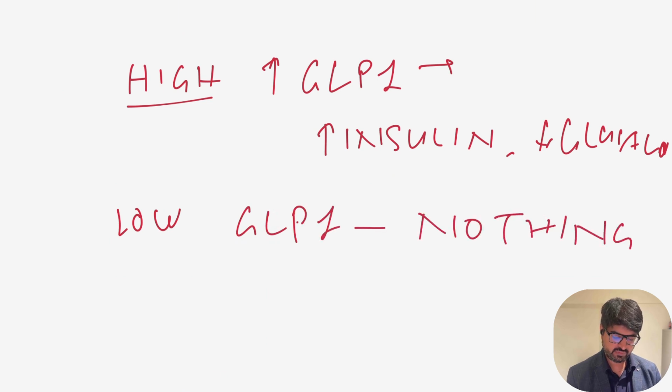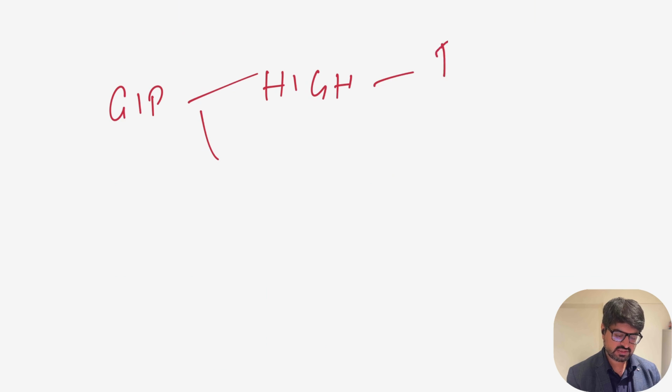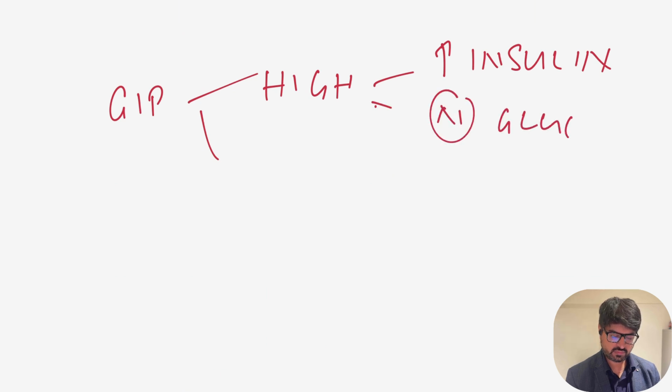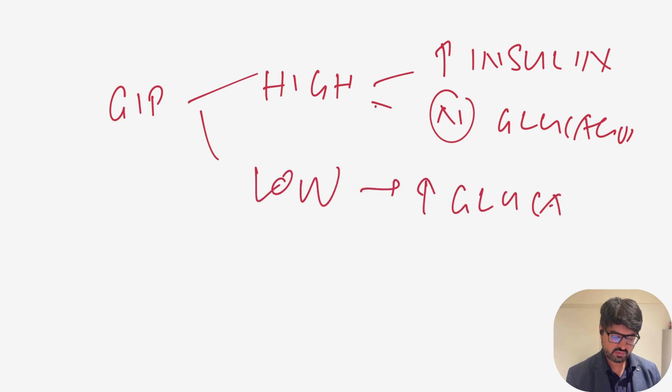Right? It does nothing. Whereas GIP is very interesting. So GIP has a dual action. When the glucose is high, it increases insulin, right? And it is neutral to glucagon. But when the sugar is low, it increases glucagon and hence prevents hypoglycemia.